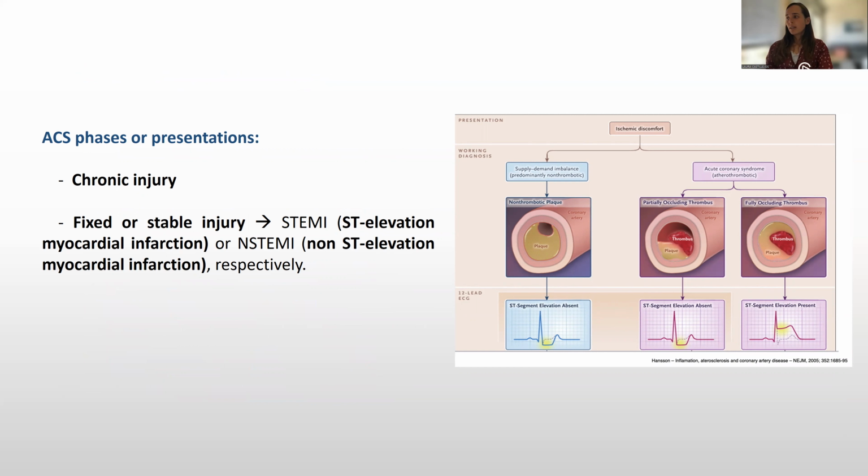Then we have this fixed or stable injury that can produce ischemia at times of increased demand. In acute coronary syndrome, a vulnerable plaque breaks, exposing the lipid content and forming a partially or totally occlusive thrombus. And this can produce ST-elevation myocardial infarction, or non-ST-elevation myocardial infarction.